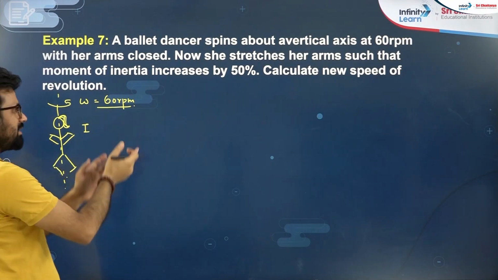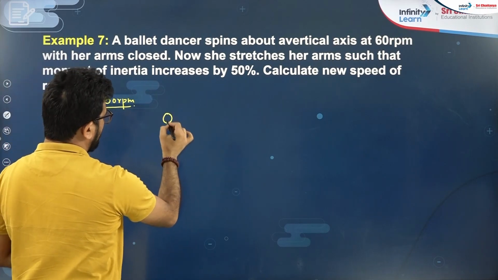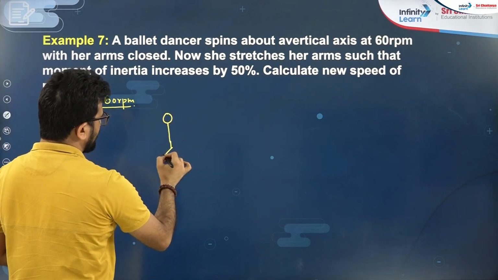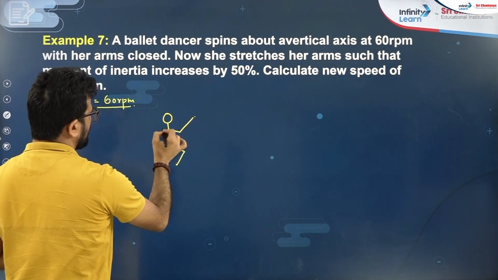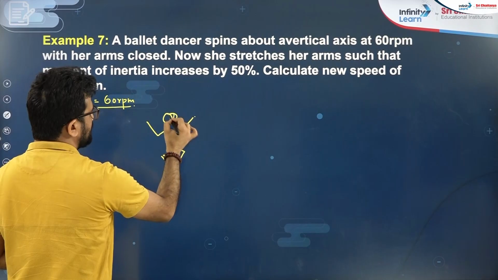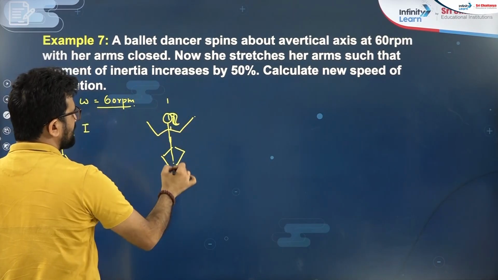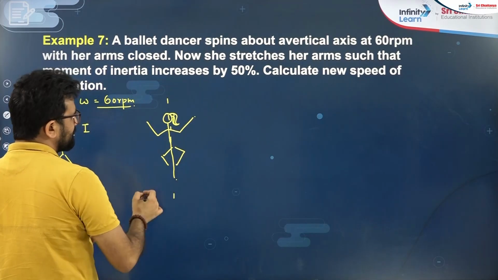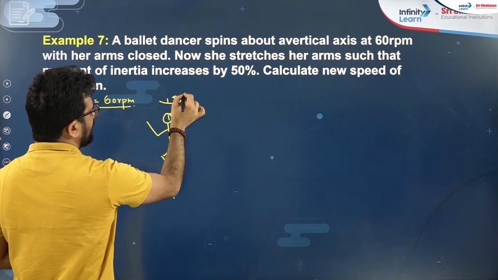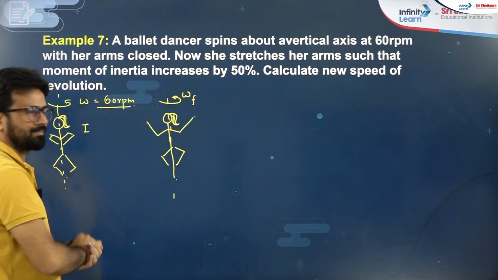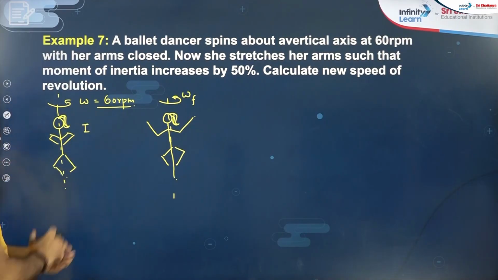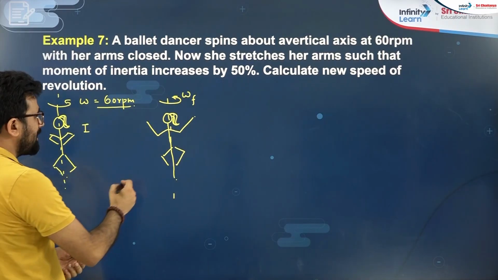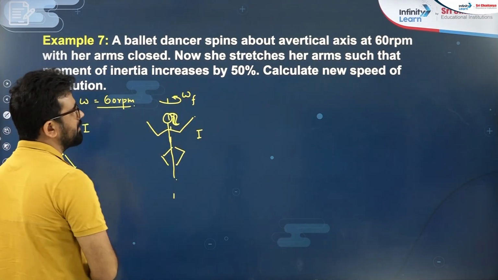Now in the next case, she is going to stretch her arms like this, and this is the new angular velocity, omega final. So we have the initial angular velocity and the final angular velocity. Again here the moment of inertia is also going to change.